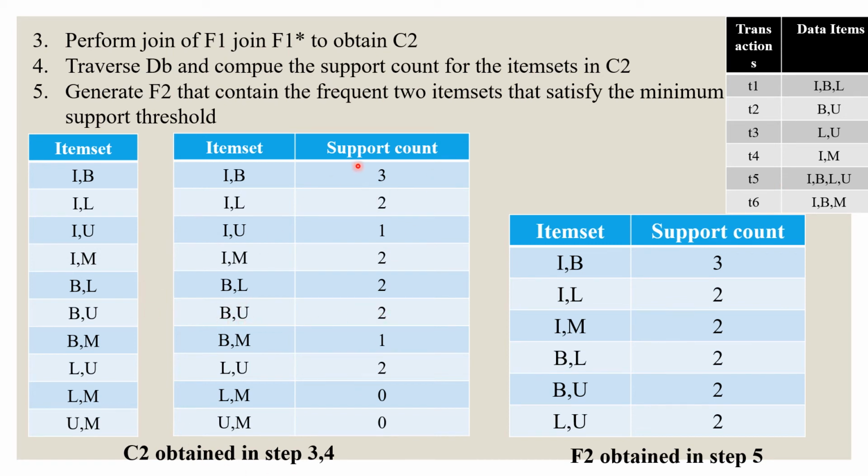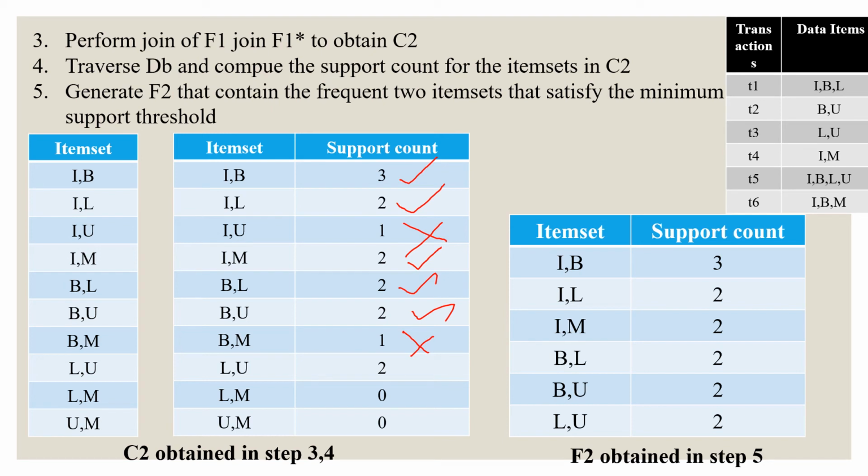Again we are going to see that the support count should be greater than or equal to 2. IB is greater than or equal to 2, so we consider this value. We are not going to consider this value, because 1 is less than 2.